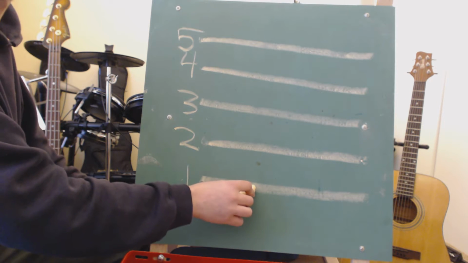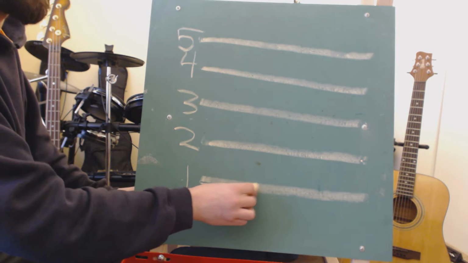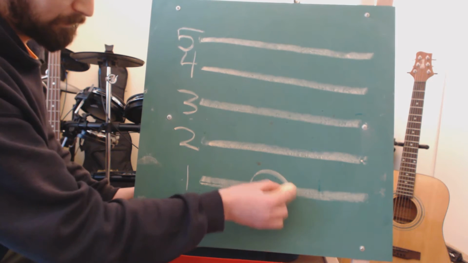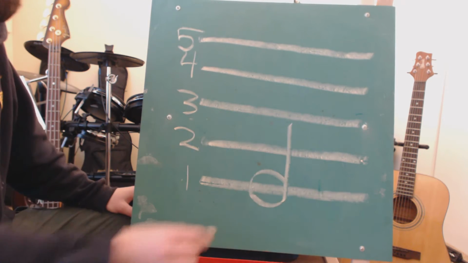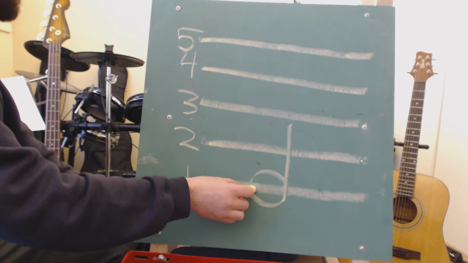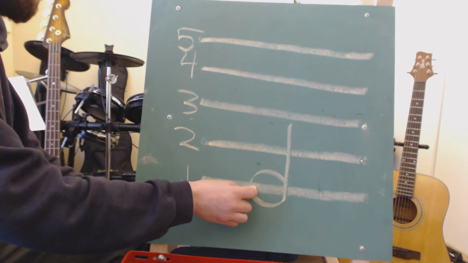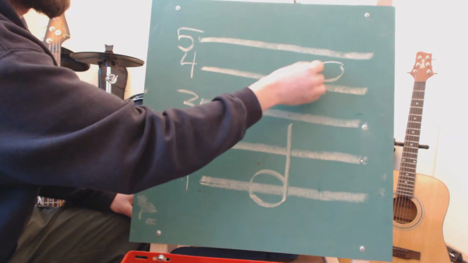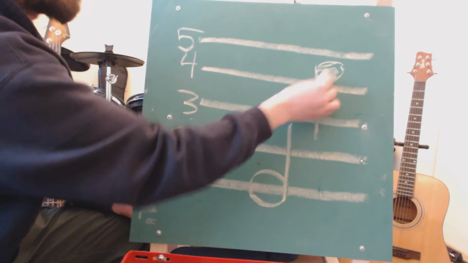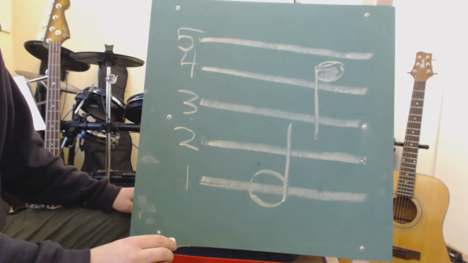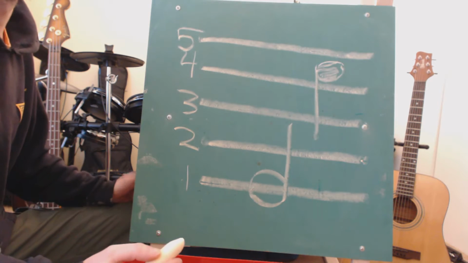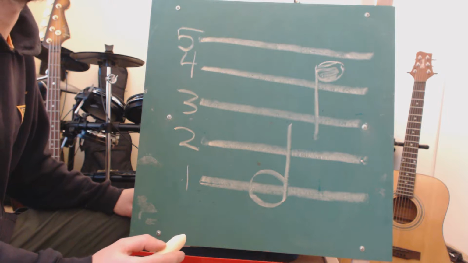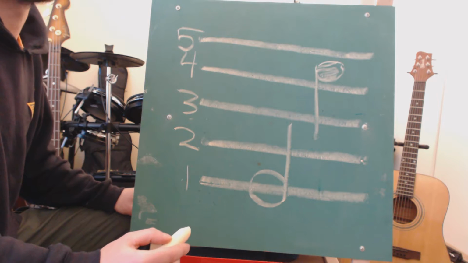It might seem obvious to some people, but it's not always. Notes which appear on the lower lines sound lower than notes that appear higher up, which sound higher. Yeah, it might seem obvious, but what's obvious to you isn't always obvious to everyone.